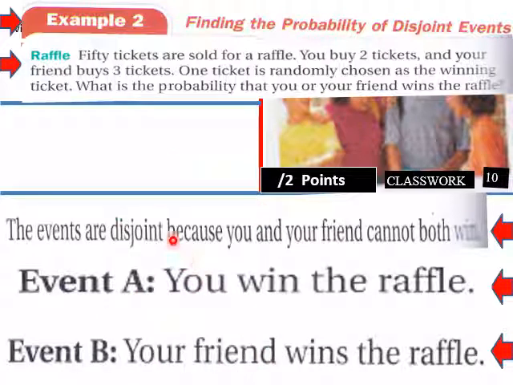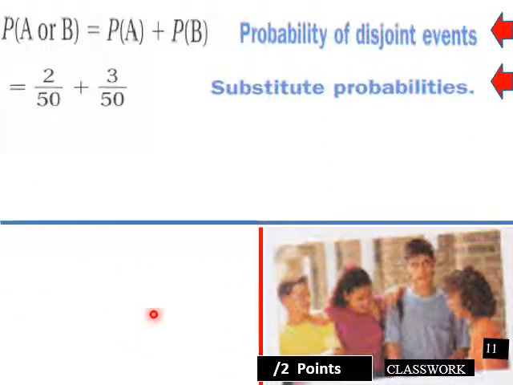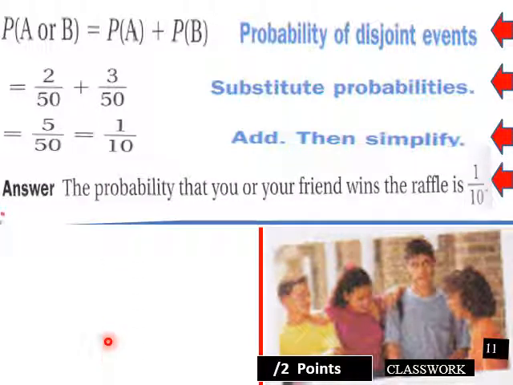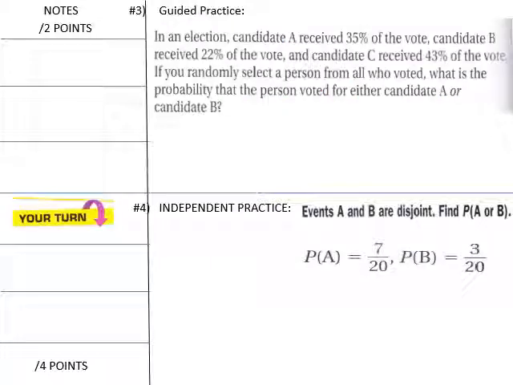So these are your 2 possible events. The probability that you or your friend will win, A or B, is that you add the probabilities together. So it'll be 5 over 50, or a 1 out of 10 shot. So the probability that you or your friend wins would be 1 out of 10.